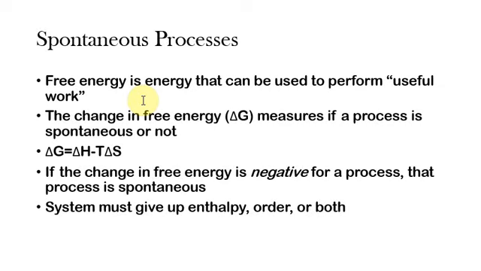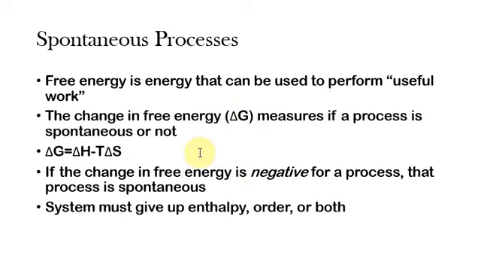And the second law of thermodynamics, which states that the entropy of the universe is always increasing, will decrease the amount of free energy. And so that's how that all ties in. The change in free energy measures whether or not a process is spontaneous. So free energy is also sometimes known as Gibbs free energy. That's where the G comes in. Delta always means change in, so delta G is the change in free energy. If it's negative, then that process will be spontaneous.